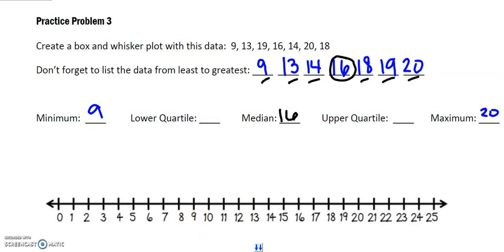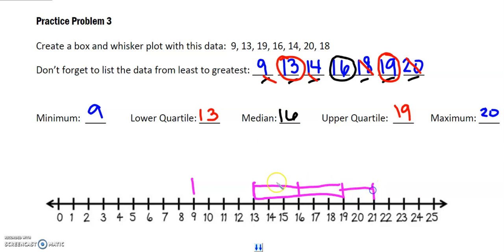Now I need to find the middle of the bottom, 13, and the middle of the top, 19. And then go ahead and graph those at 9, 13, 16, 19, and 20. Middle 3, connect to make a box, and then add your whiskers on the outside.